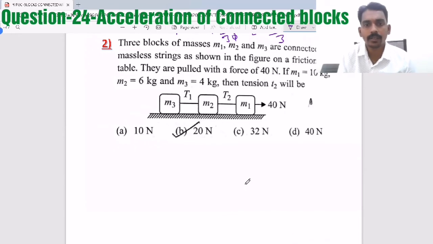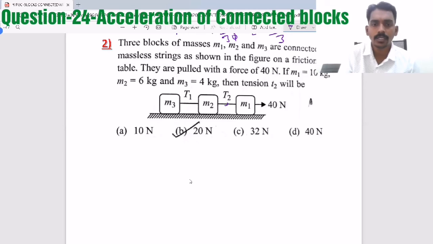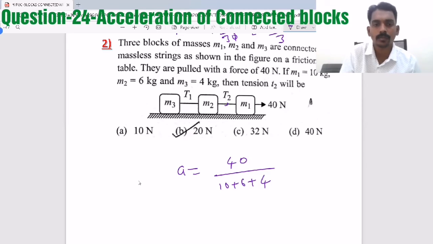Now here three blocks with masses are given, and they are asking for tension T2. So what is the simple thing? First, acceleration is force by total mass, m1 plus m2 plus m3, so 10 plus 6 plus 4.